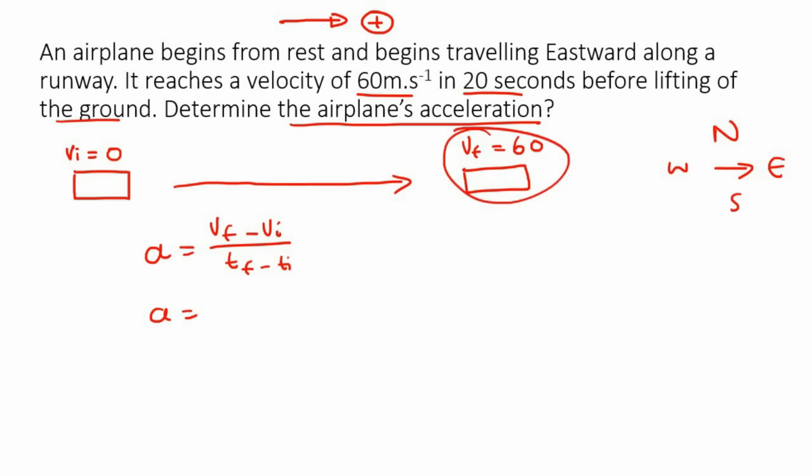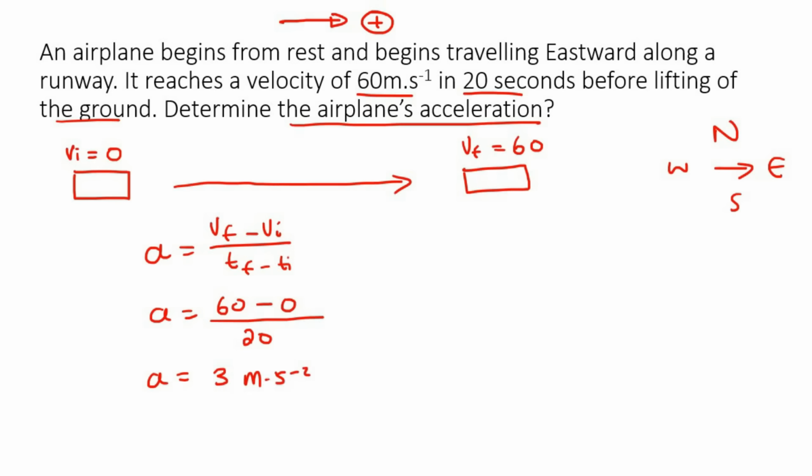And at this point, the airplane is going east, so that's positive. So we could say 60. Now, 0 is just 0. You don't have to worry about negative 0 or positive 0. And then time is 20. And so if you had to work this out, you end up with 3 meters per second to the minus 2. Now, we chose east as positive. We got a positive answer, so we can say east.